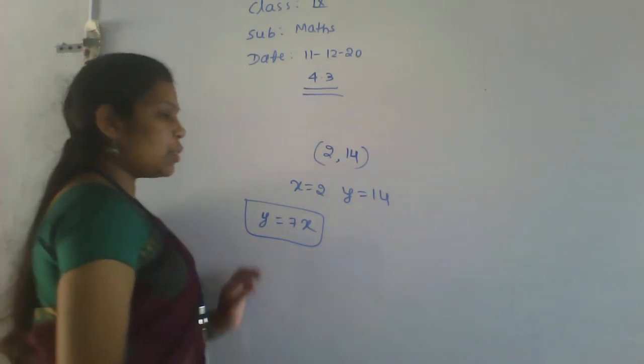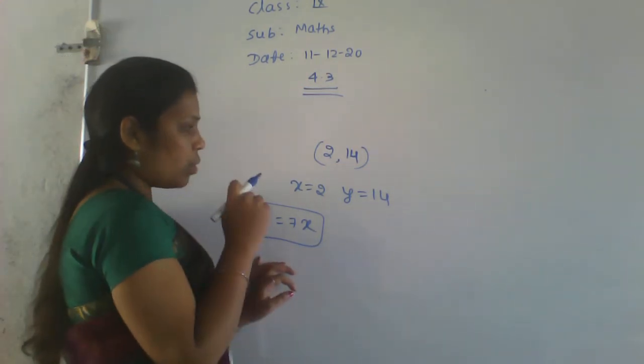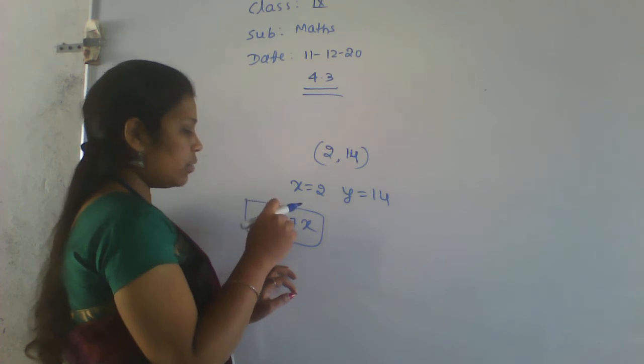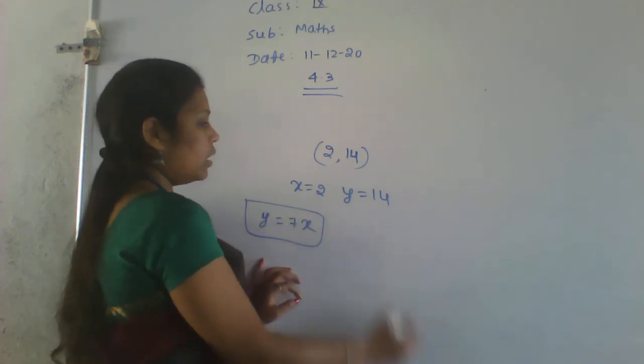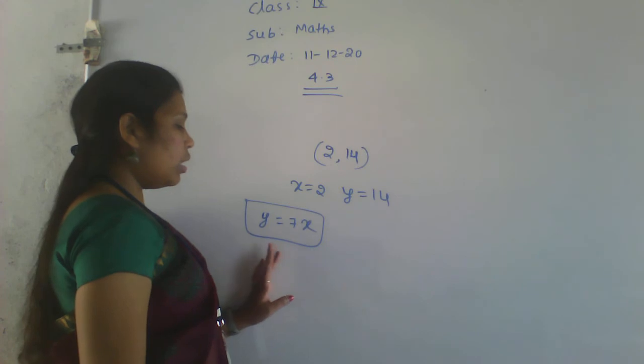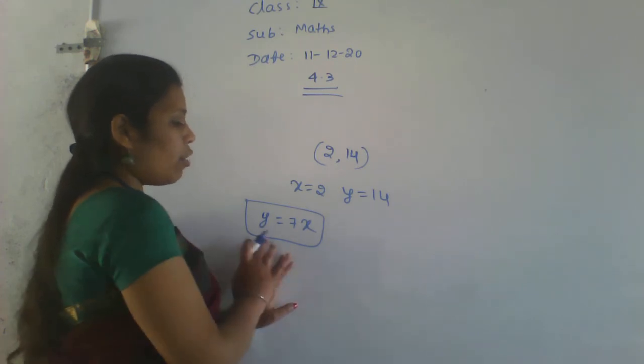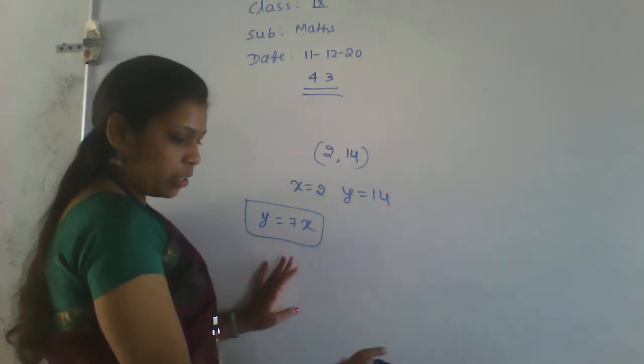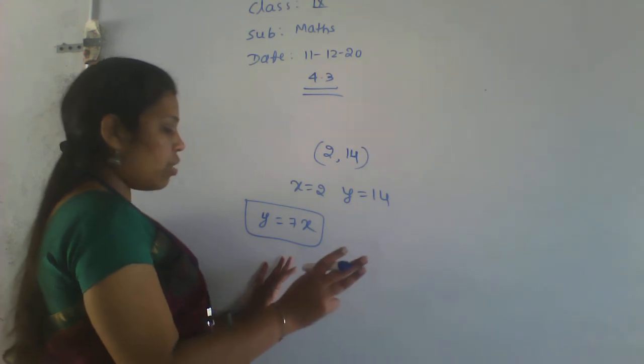And how to write another equation? For x and y you have to write one equation. They asked you to write two equations here.